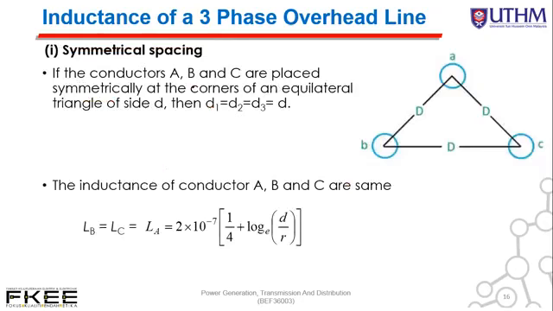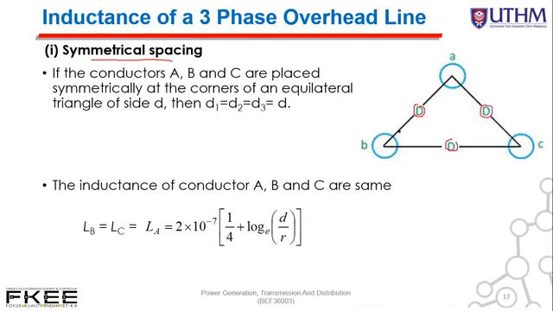For the case of a three-phase overhead line, there are two cases that we can discuss. First is symmetrical spacing. The meaning of symmetrical spacing is that all distances between the three conductors are the same.